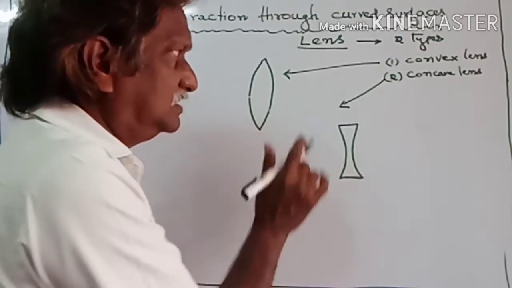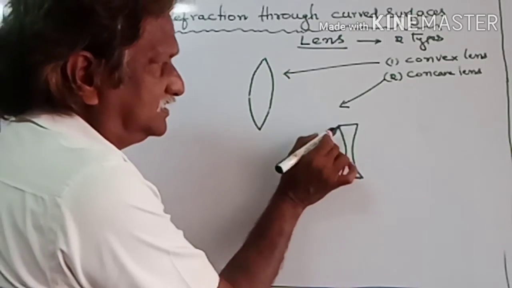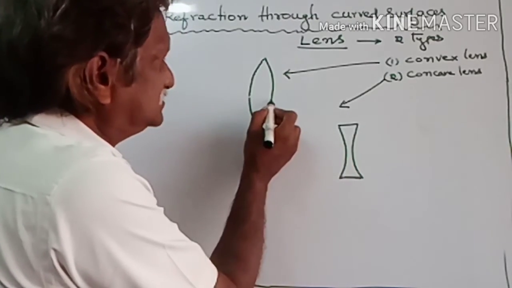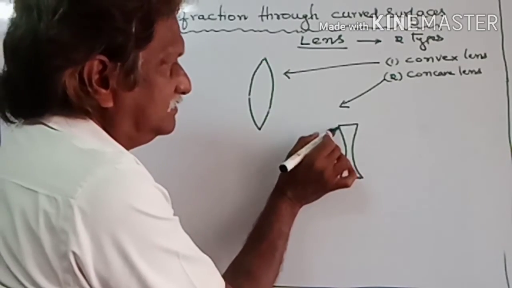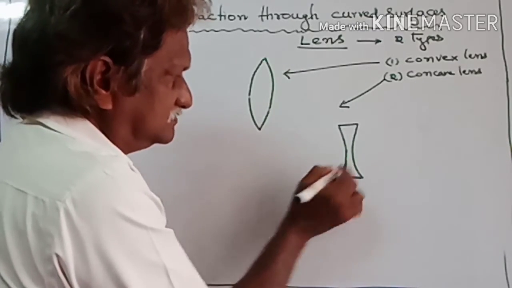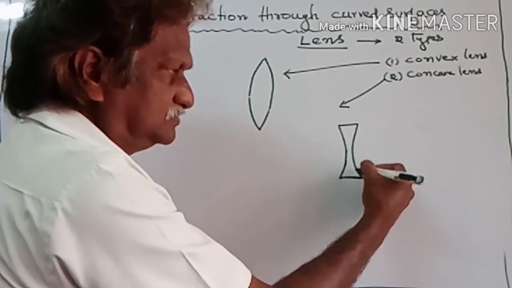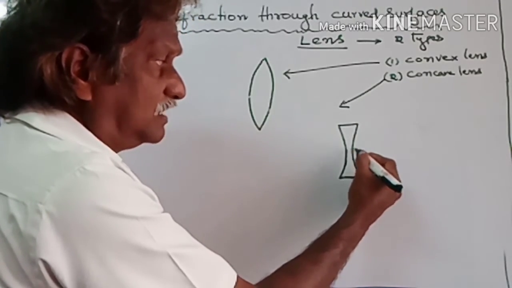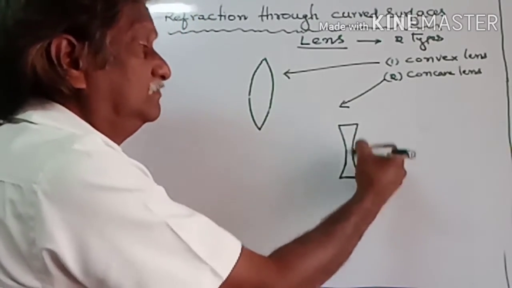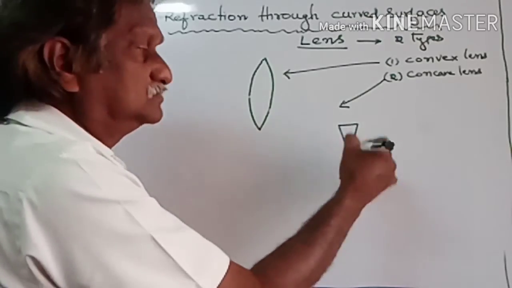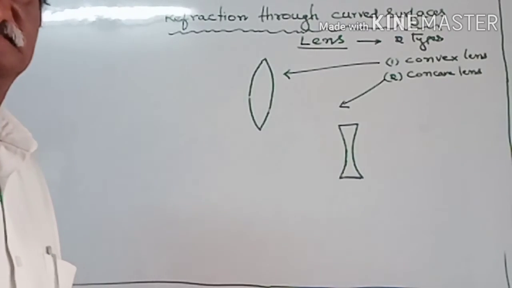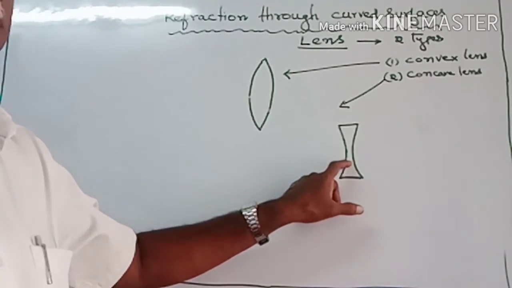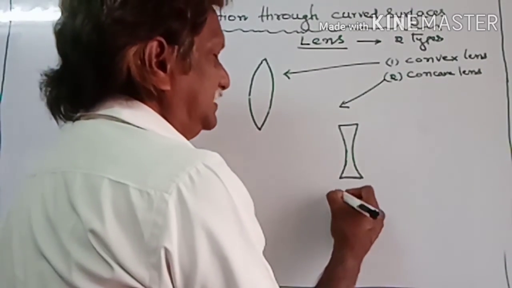But these surfaces are concave surfaces, not convex like this. It is a concave surface, and it is another concave surface. In between two concave surfaces, a medium is bounded, so it is called a concave lens, also called a biconcave lens.